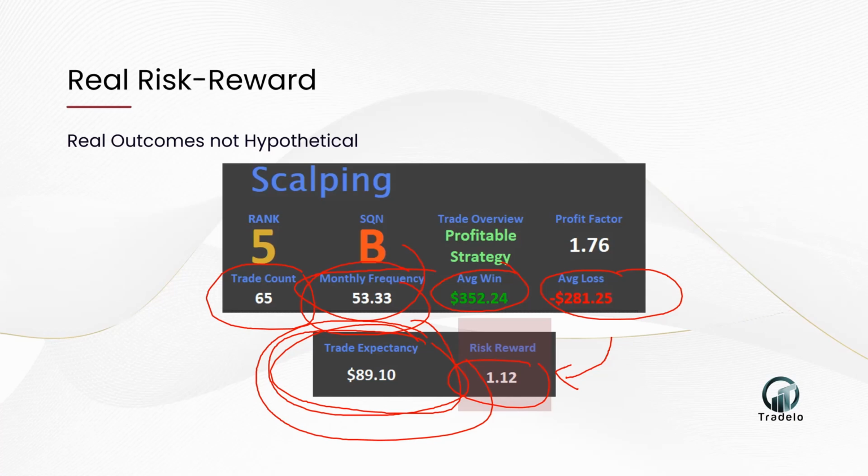If your real risk reward, not hypothetical, is greater than one, you can start to increase the position sizing because you most likely have got edge. Again, it also depends on your win rate, of course, and there are a number of other variables, but by and large, so long as your real risk reward is greater than one, you can begin the process of increasing the position sizing.